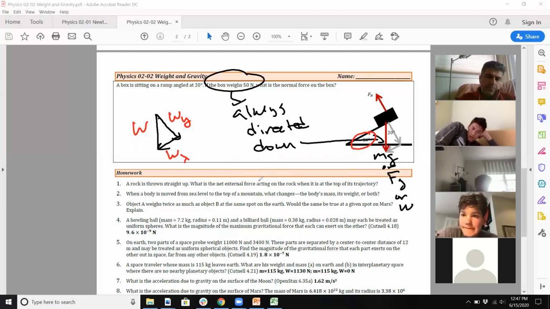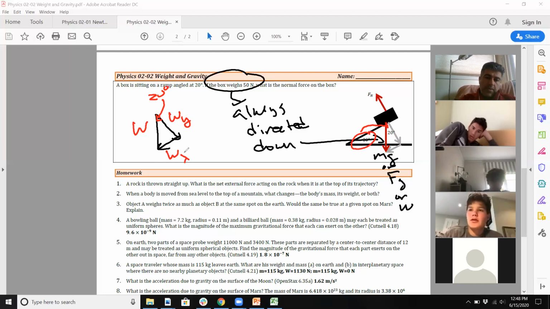The bottom line is that whatever angle you have here, it's going to be seen right there if you rotate the triangle in a particular direction. So we have 20 degrees right here.